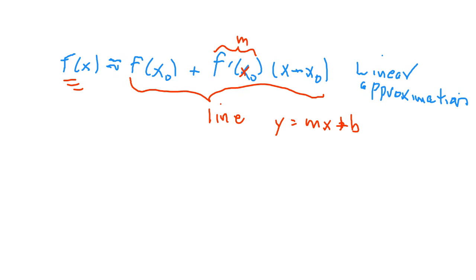That's your slope. Hopefully this rings a bell. This is a linear approximation of a function at the point x equals x sub 0. Give me a thumbs up if you recall this.